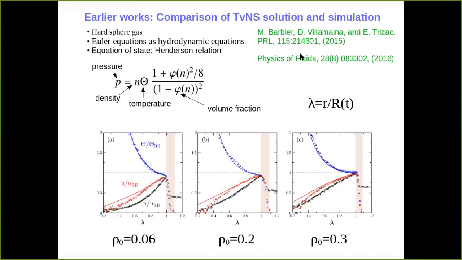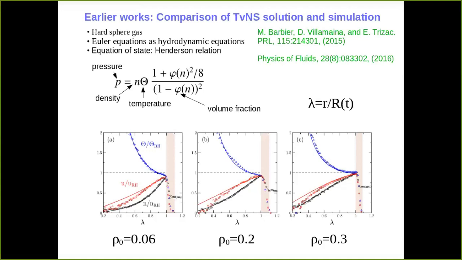They used Euler equations as their hydrodynamic equations. The Euler equations contain 3 conservation equations, for density, momentum, and energy, but there is an additional field, pressure. So there are 3 equations and 4 unknown fields.